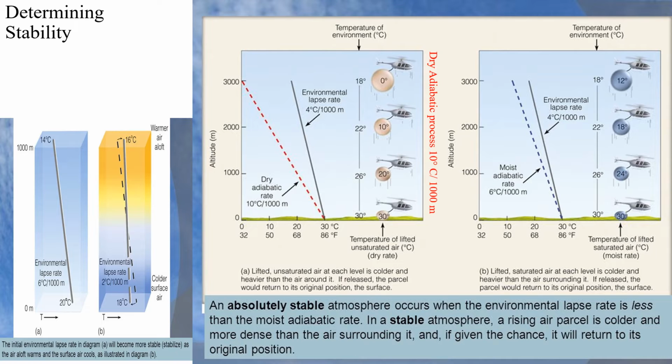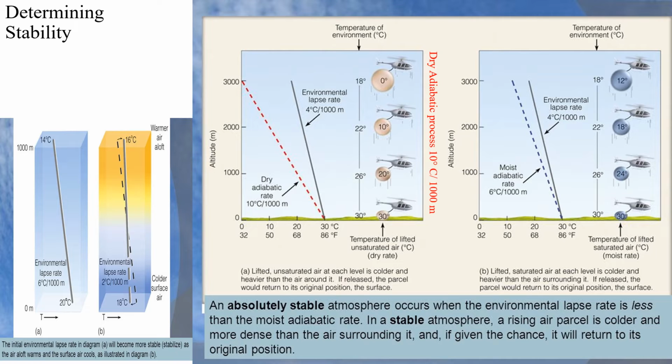In both cases, what is happening? The rising air is colder, and the rising air is heavier than the air surrounding it. So in this example, the atmosphere is absolutely stable.